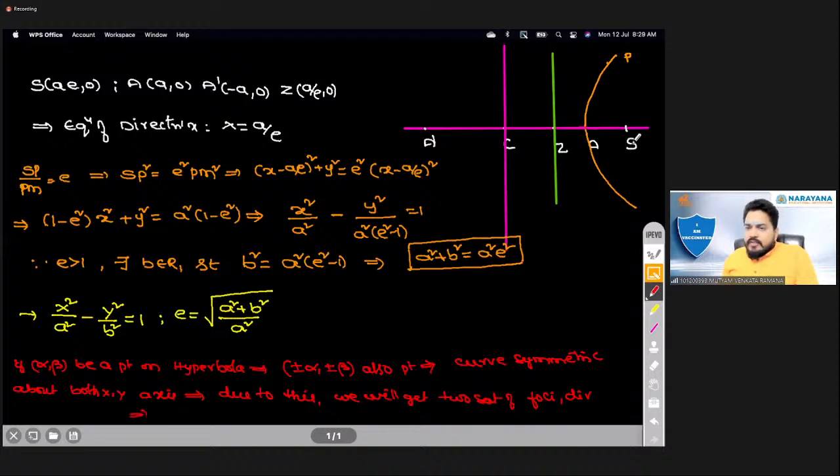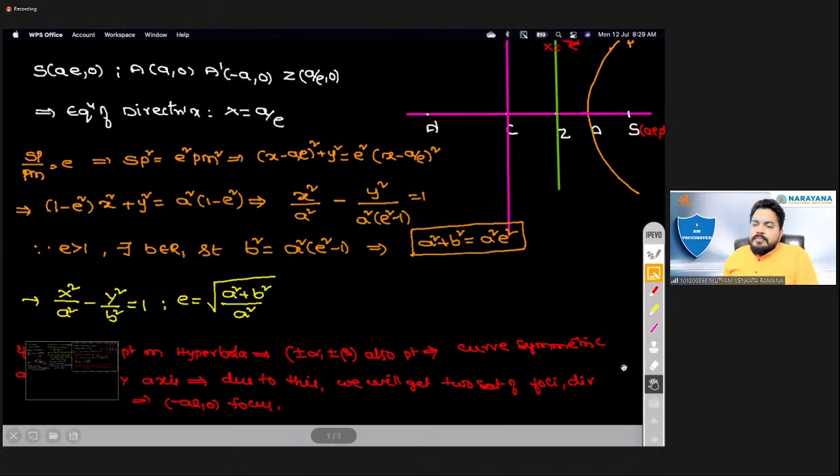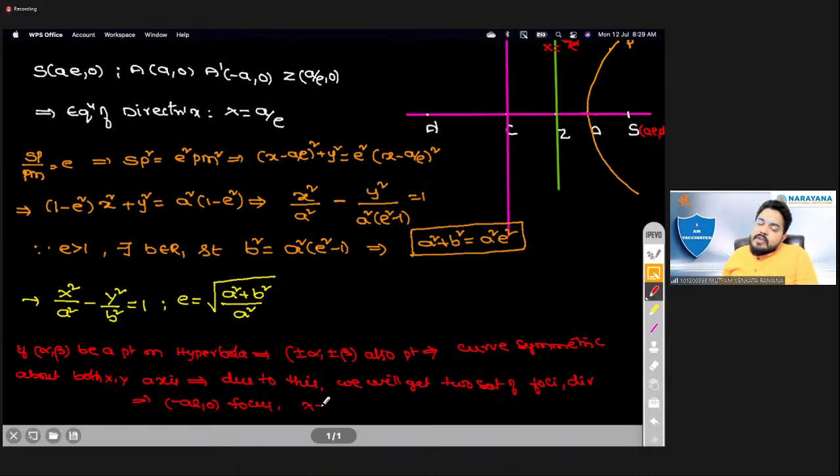That's why actually we got AE comma 0 as focus, corresponding directrix is X is equal to A by E. So that means minus AE comma 0 is focus, and the next directrix is X is equal to minus A by E.